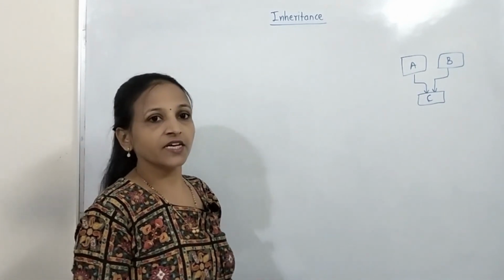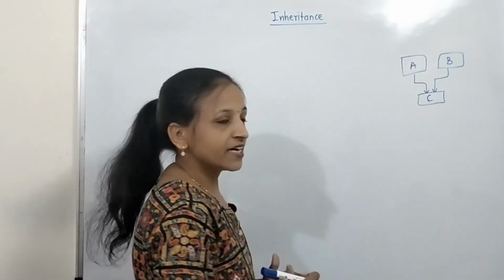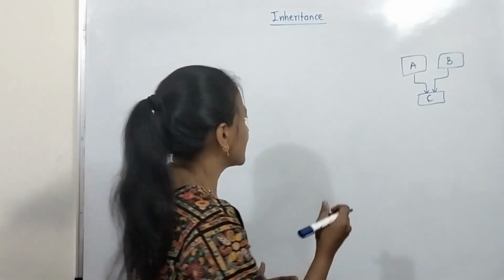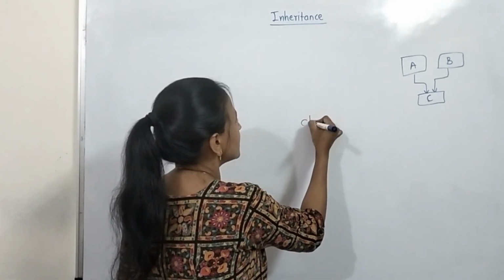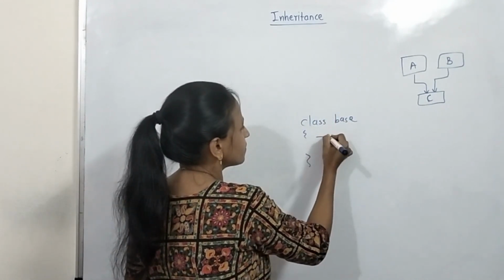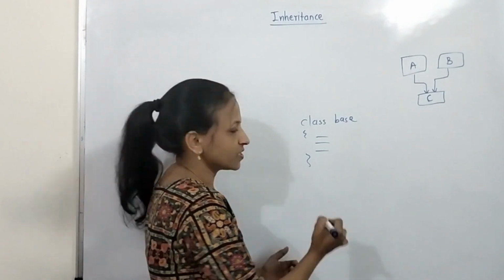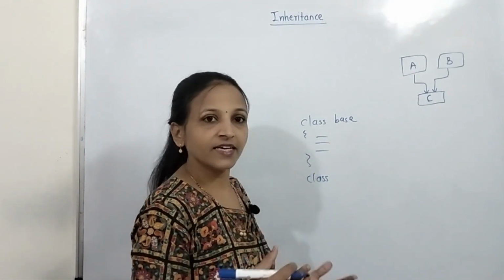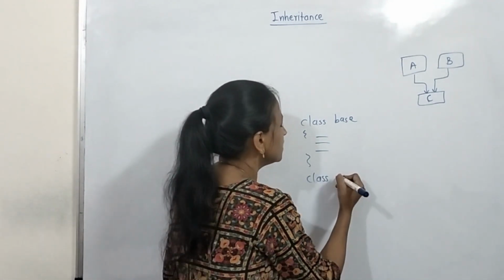We have seen inheritance syntax, meaning how to create a derived class using a base class. For that we use syntax like this. Let there be one class named base, with some data members and member functions, and I want to create one derived class using this class as a base.